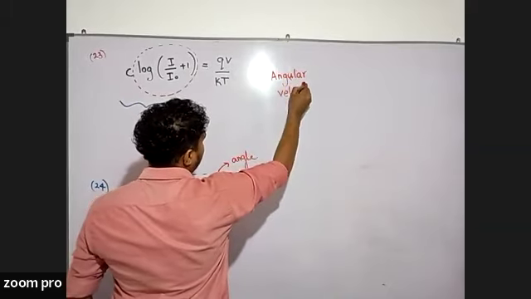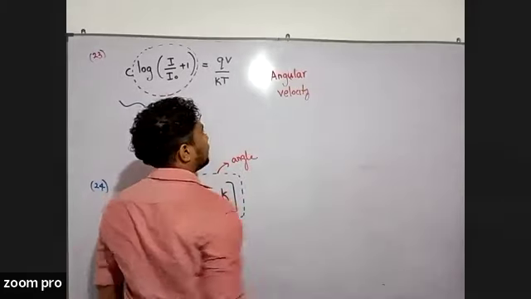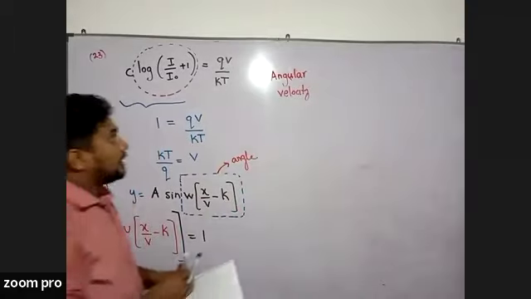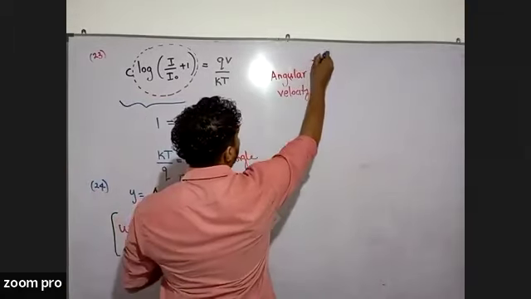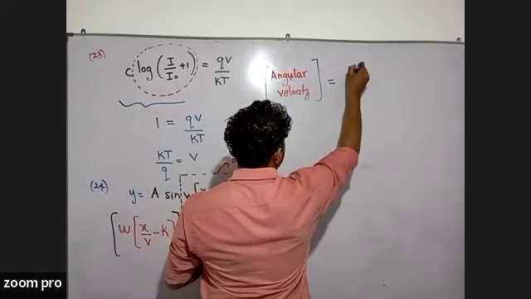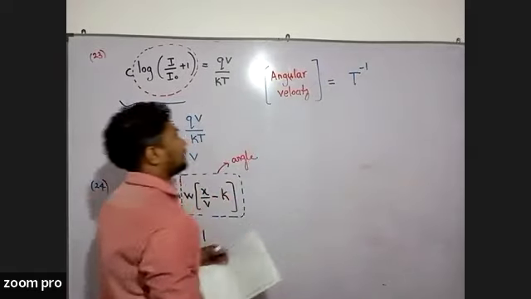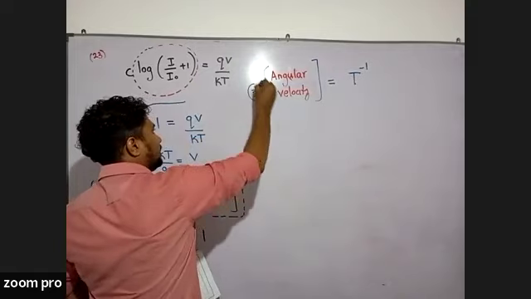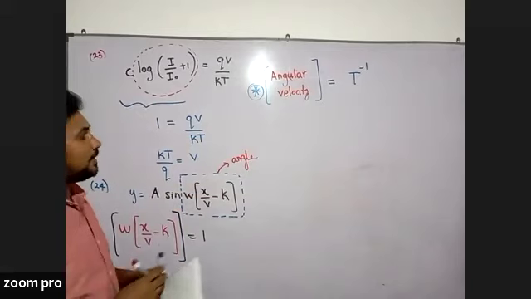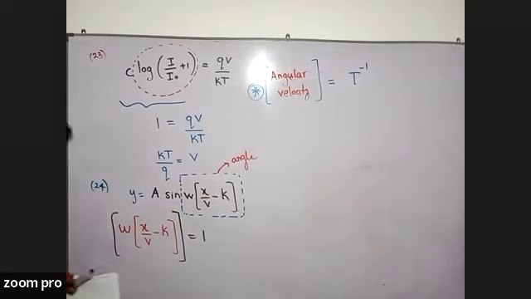But up to now, just remember those by heart. Dimensions of angular velocity can be represented as T minus 1. So keep that in mind, right? Dimensions of angular velocity equal T minus 1. So let's go for the question.